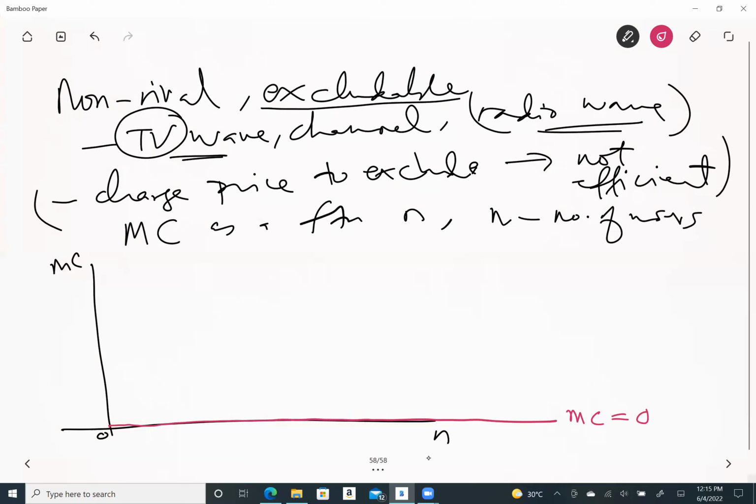So what is the efficient point? Given the demand function, say a demand function like that, then what is the equilibrium? The equilibrium is E. That E, we call it N star.